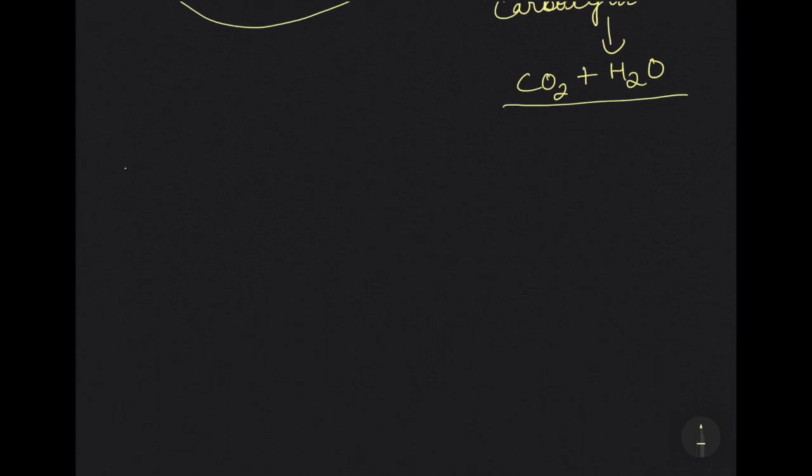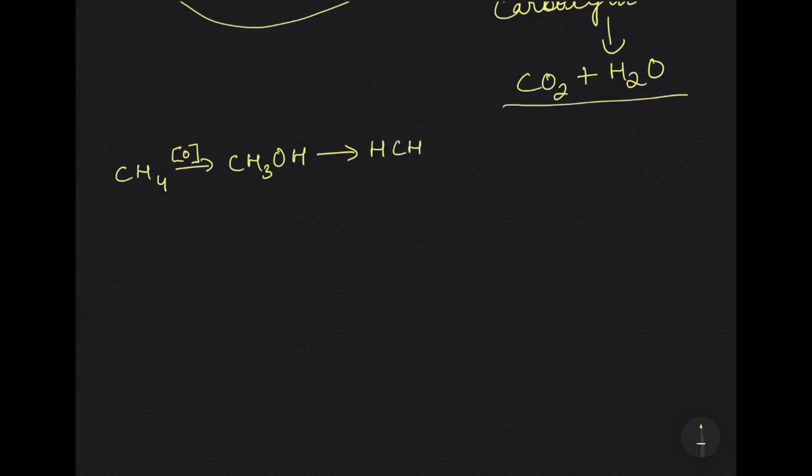You can see if we take methane, it turns into methyl alcohol first. In the presence of nascent oxygen given by potassium dichromate, it will turn into formaldehyde. Further, again there is nascent oxygen coming from the oxidizing agent, potassium dichromate.